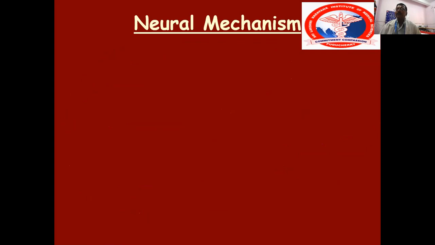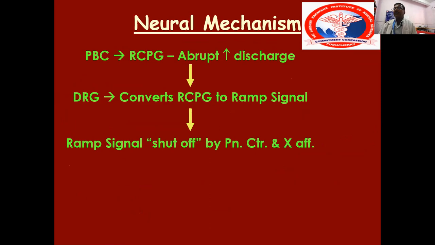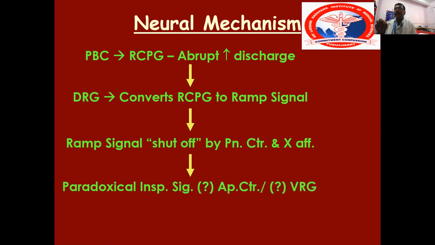Neural mechanism. This is the neural mechanism. Okay, RCPG receives the input from PBC and there is an abrupt increase in discharge. The dorsal respiratory group converts the RCPG into a RAM signal. That RAM signal is shut off by the phrenic nerve and 10th nerve.